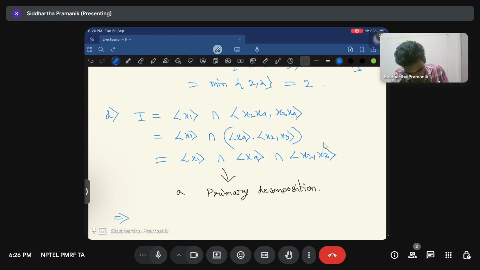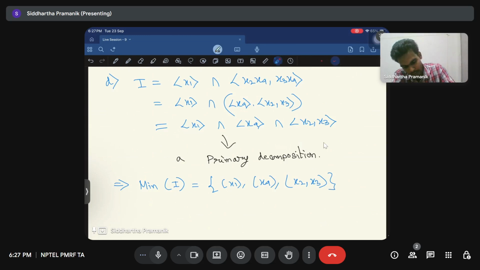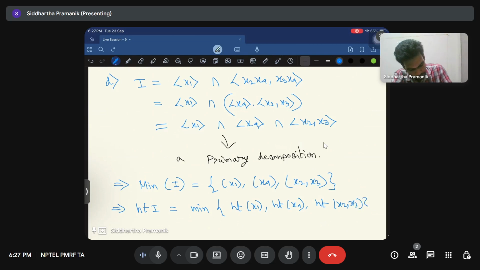So this will imply, and all these three ideals are incomparable, so these are the minimal primes. The minimal primes are the ideal generated by x1, the ideal generated by x4, and the ideal generated by x2, x3. So the height of I is the minimum of height of x1, height of x4, height of x2, x3.